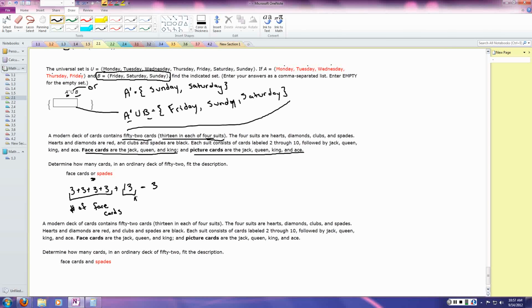This would be the number of spades, and this would be the repeats. Okay, so the number of repeats.